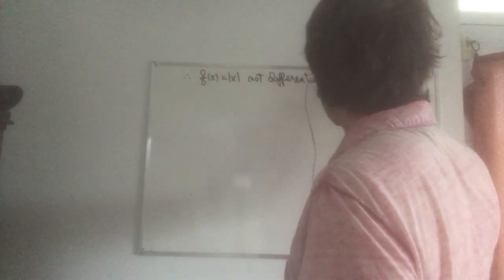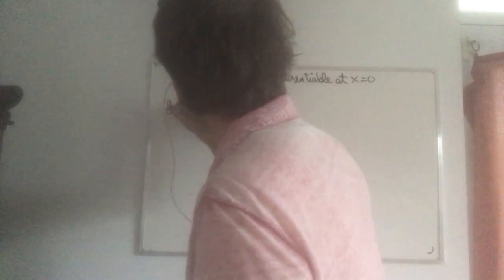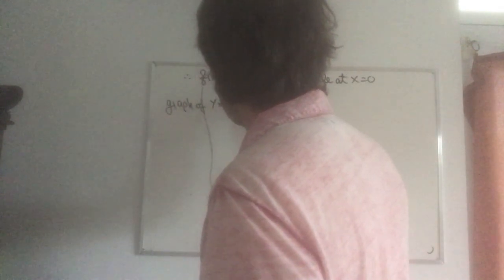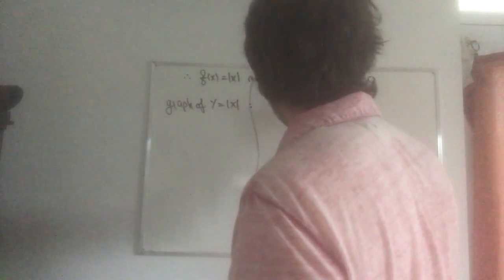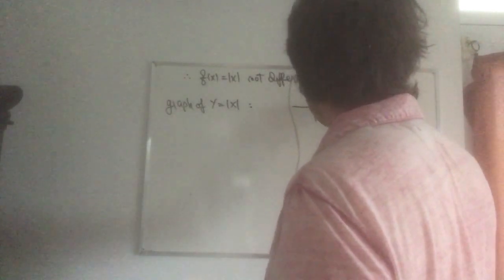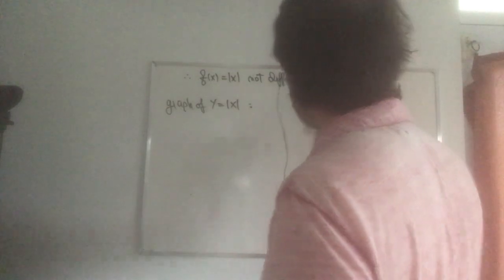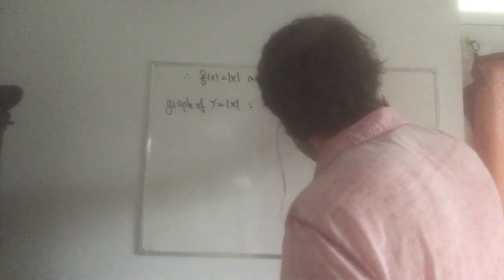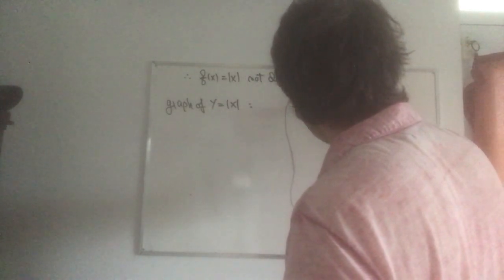And look at the graph. The graph of the absolute value is well known, yes? It's the old V centered at the origin. Oh boy, it does not look like a straight line, huh?